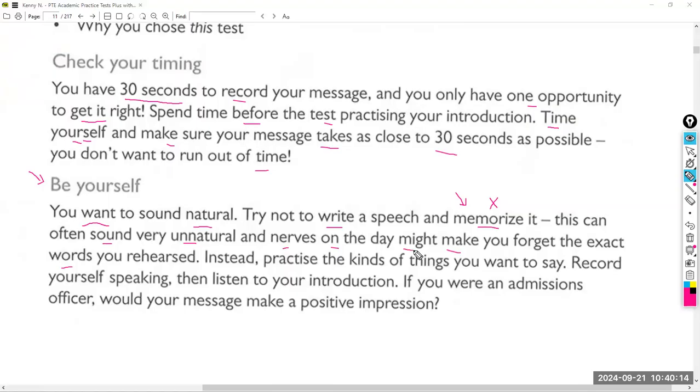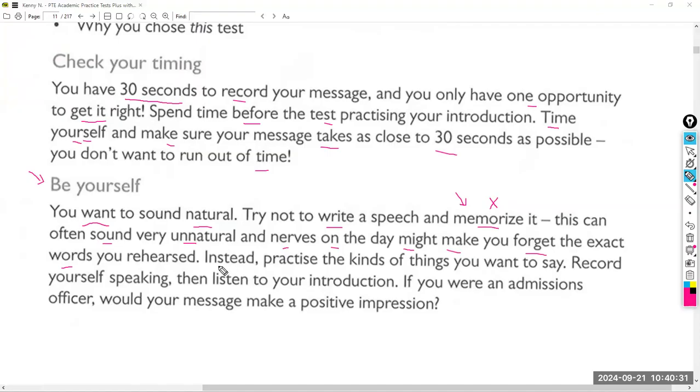Not might, absolutely, you will forget, because maybe you will be in that stress and have too many ideas in your mind. Don't try to remember. You have to be as natural as you can.